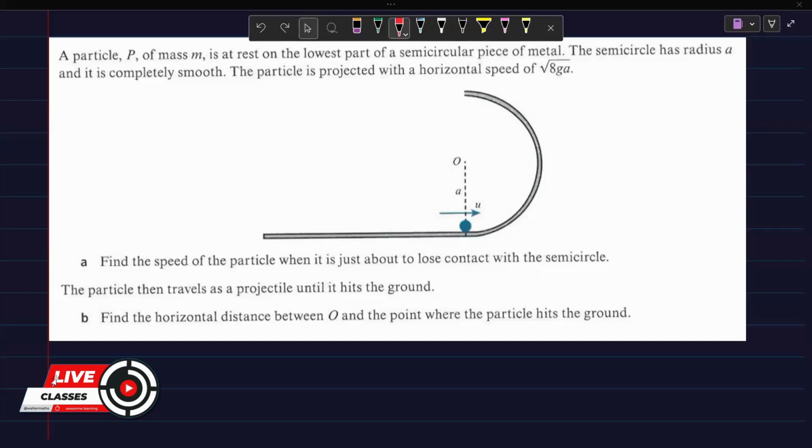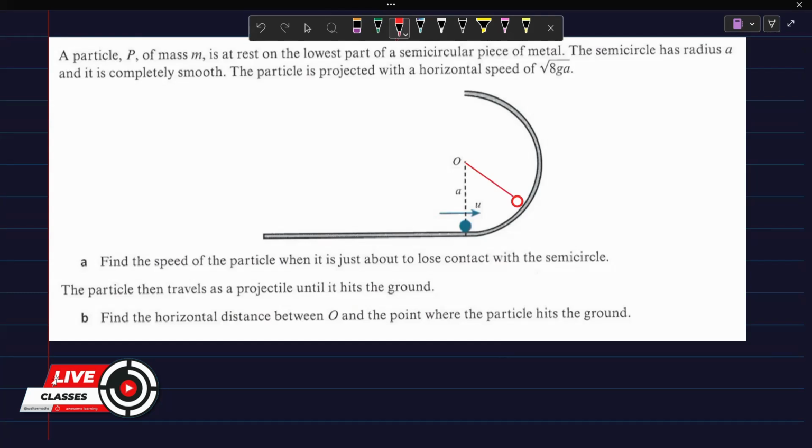All right, so we have a very nice question here, and we want to see how we can answer it. What we're going to do is take a general point. I'll take the particle, along its motion, to be at some general point, which is this point here.